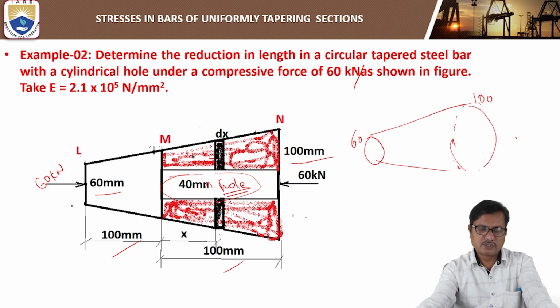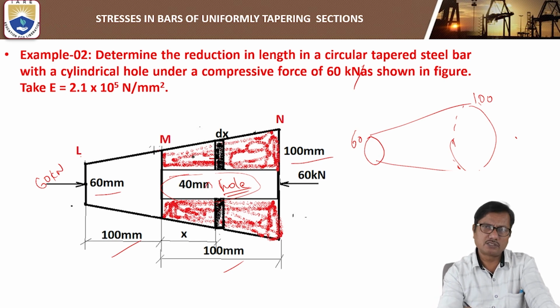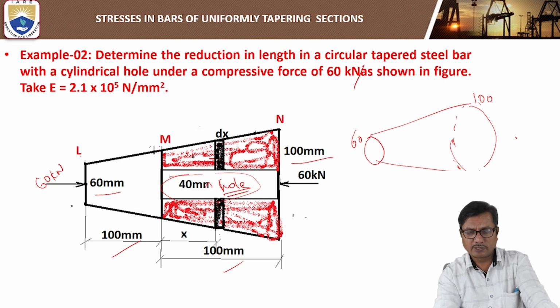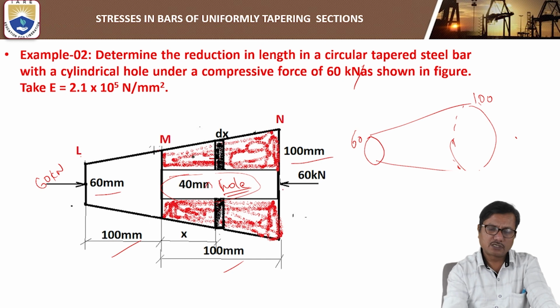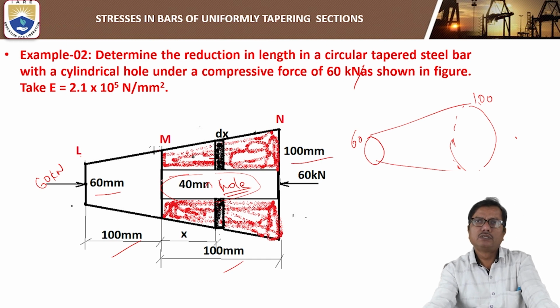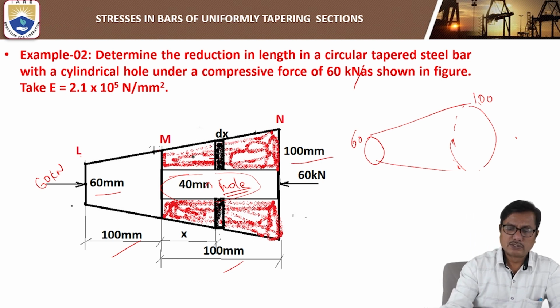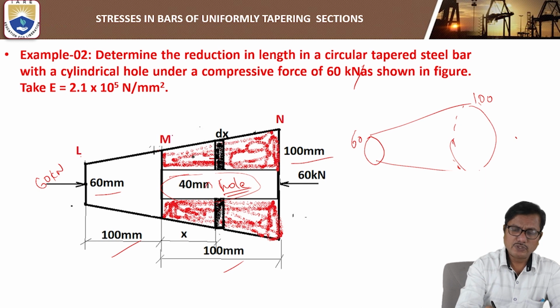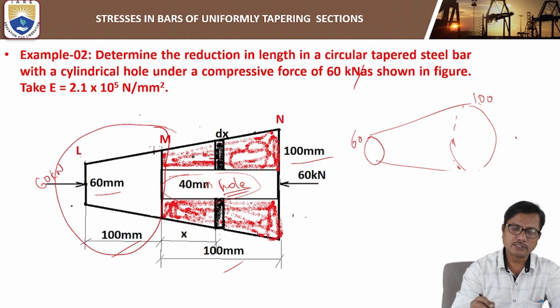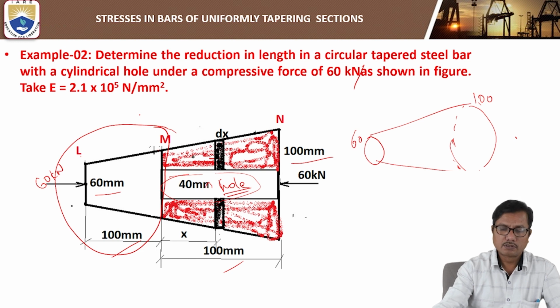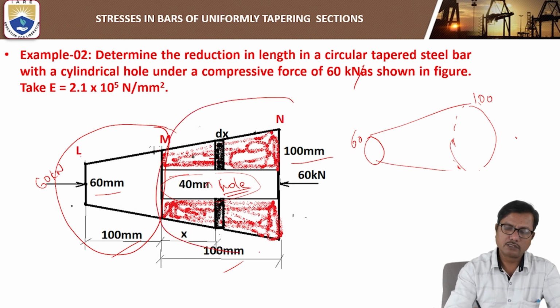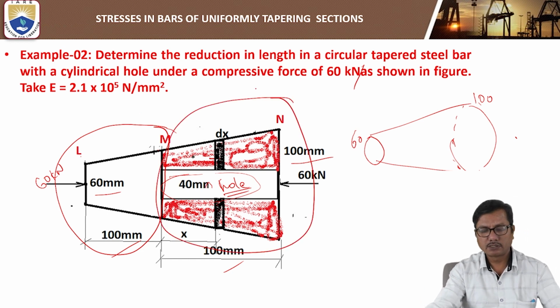So to find the change in length of this tapering bar with a circular hole in one half of the length, here we consider the portion LM separately and portion MN separately.